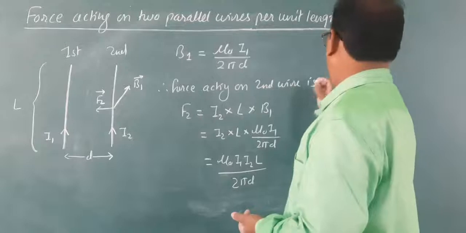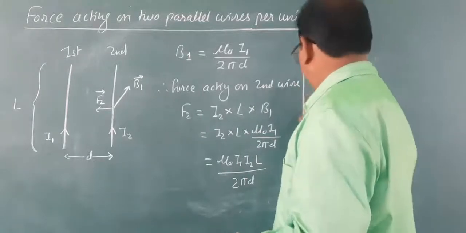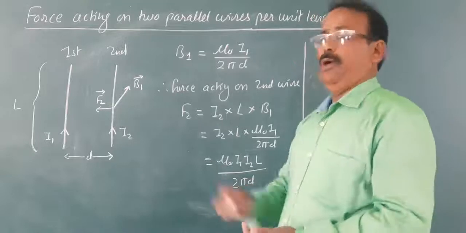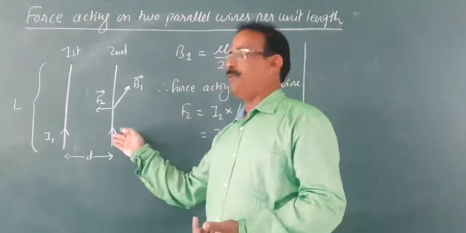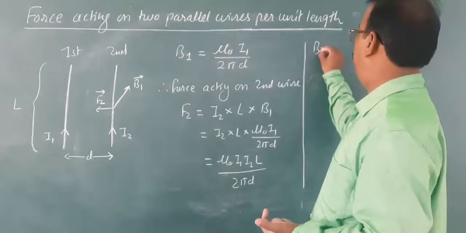Now similarly, write down the magnetic field produced by the second wire at a distance D, denoted by B2.